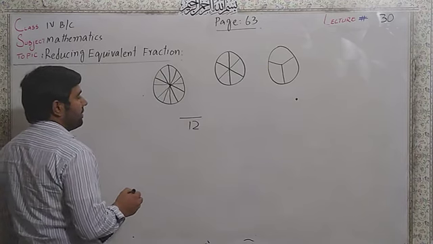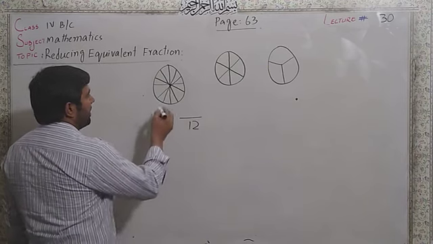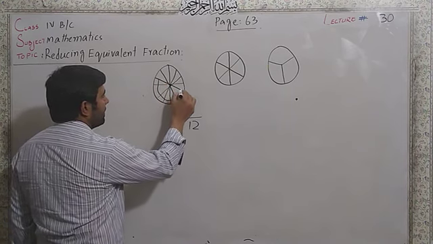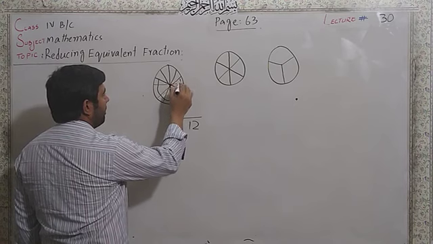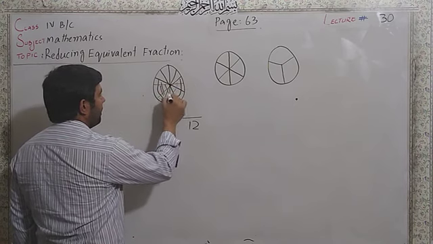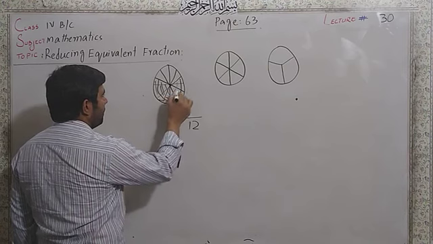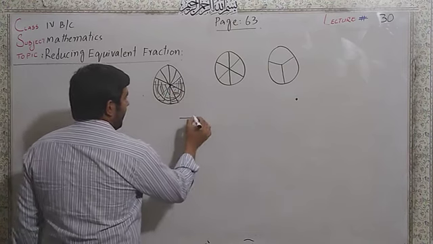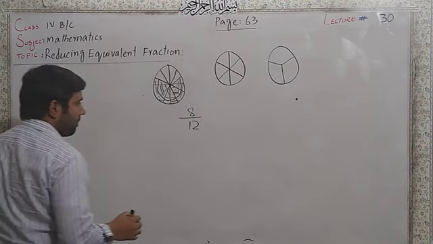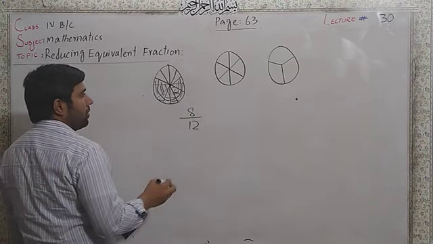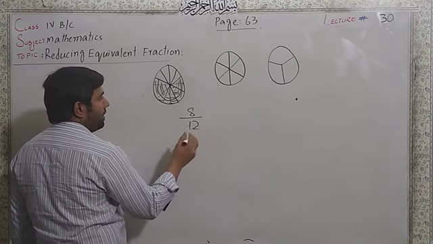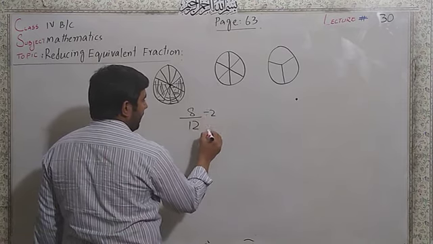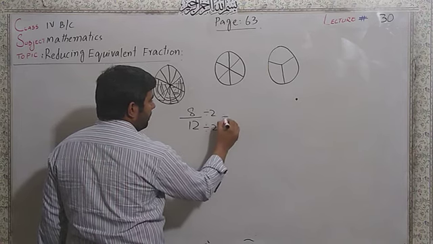Okay, if I color 8 parts, 1, 2, 3, 4, 5, 6, 7, 8, that means 8 parts colored. Now you see that this is equivalent to this one if we divide by 2, and also this one divide by 2.